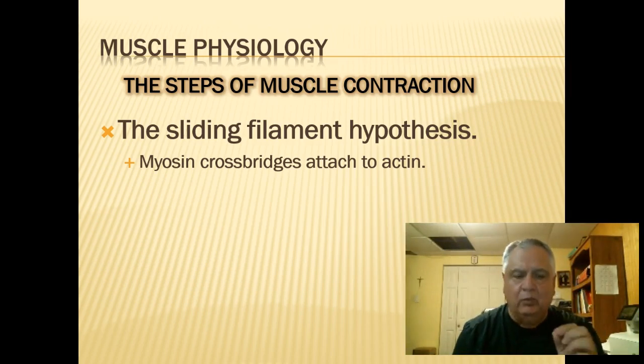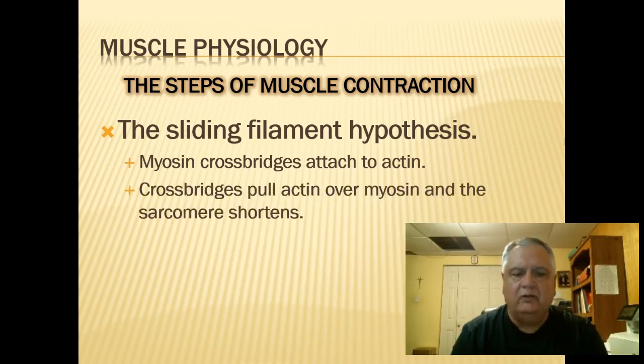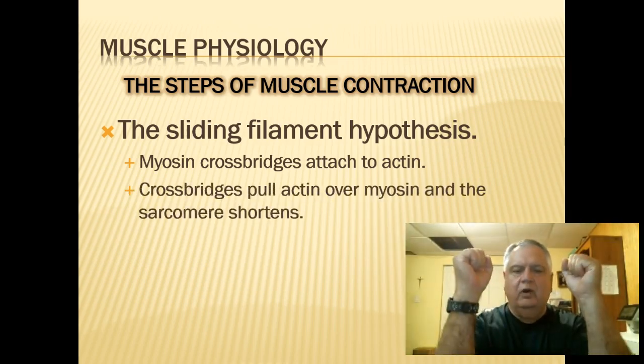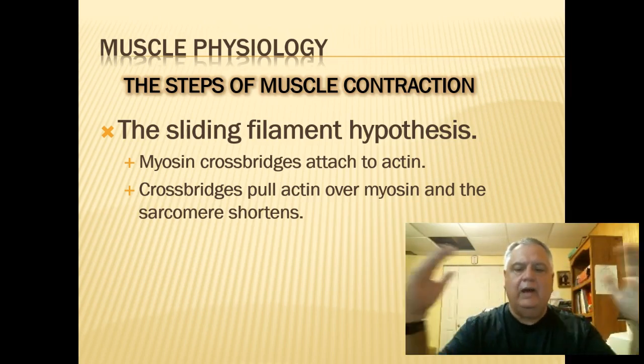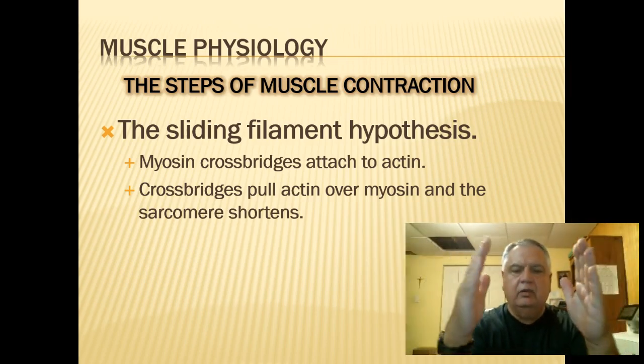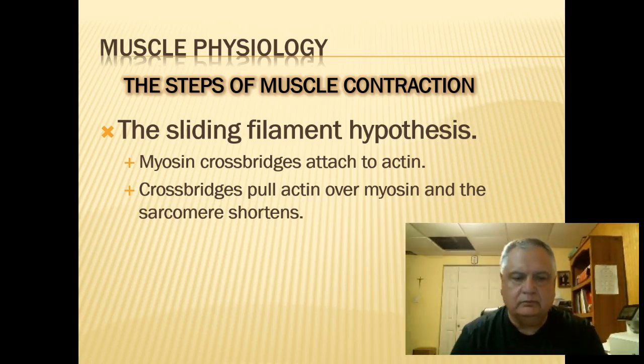In the presence of the calcium ions bound to the troponin, myosin cross bridges will attach to the actin. Once the cross bridges attach to the actin filaments, they will begin to ratchet and pull actin in over the surface of the myosin.